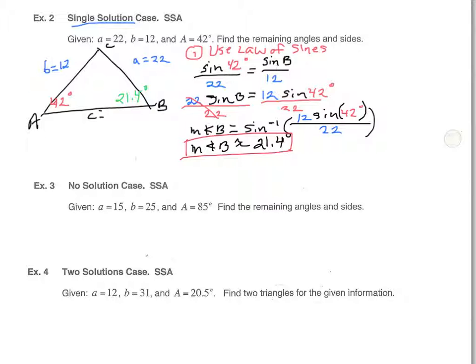But before we do that, let's find the missing angle first, just to see if this is a viable triangle. How do I find this missing angle? Add these two and subtract them from 180.